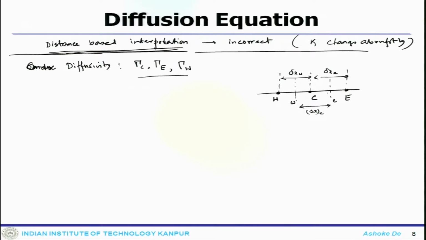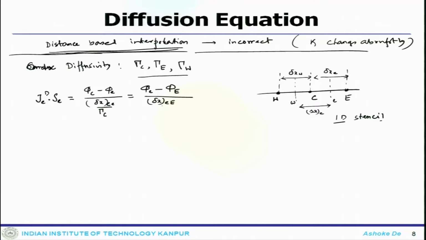So, looking at the diffusion equation at the east face, from this simple 1D stencil, the diffusive flux at the east face can be written as phi c minus phi e divided by del x C e by gamma c, which is also equal to phi e minus phi capital E divided by del x e E by gamma E.